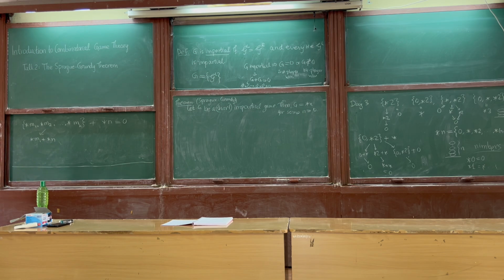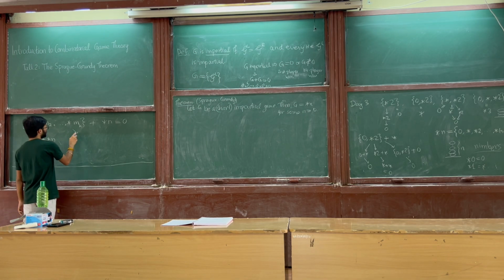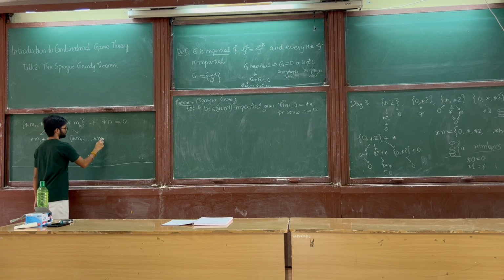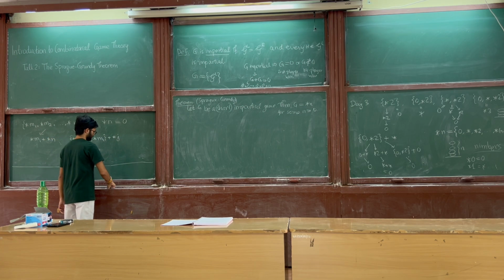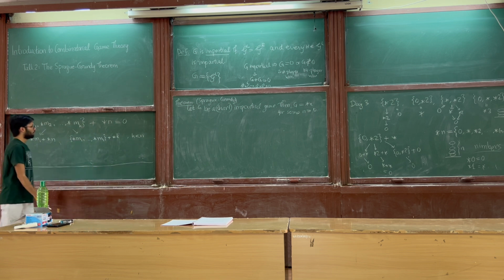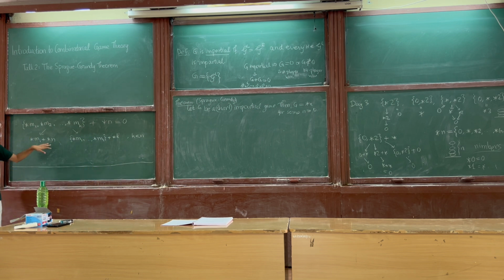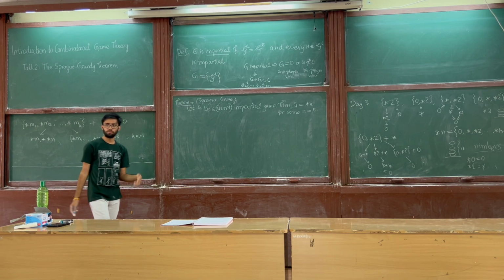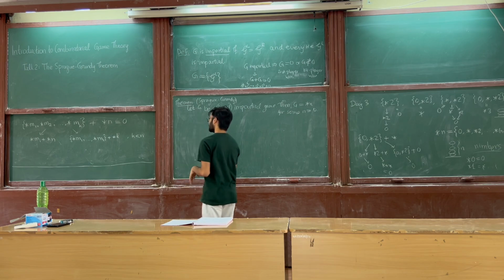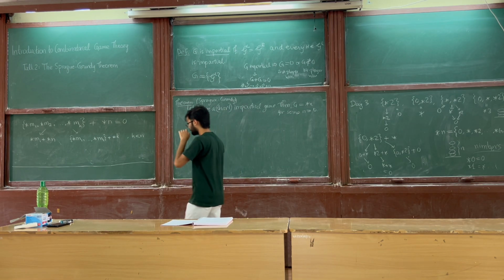Either go to star mi plus star n for some i, or go to star mi plus star k, where k is something smaller than n. I want to say that the second player has a winning strategy in either of them.